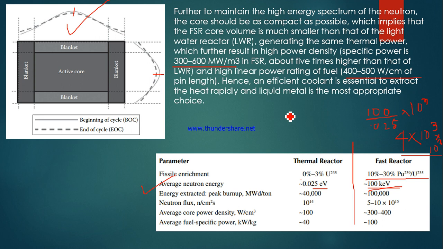So we need a very efficient coolant so that the heat will be extracted very efficiently and rapidly. That's the main reason to use sodium, the metallic fuel. This metallic fuel has high thermal conductivity and good heat transfer.